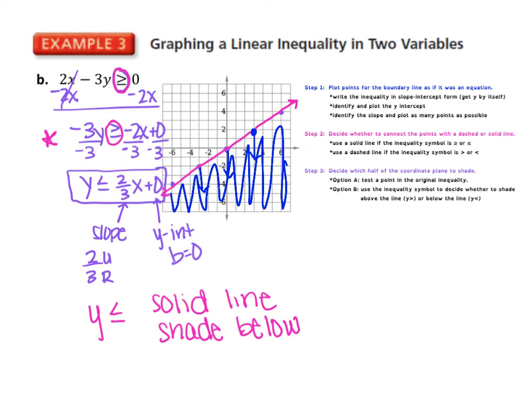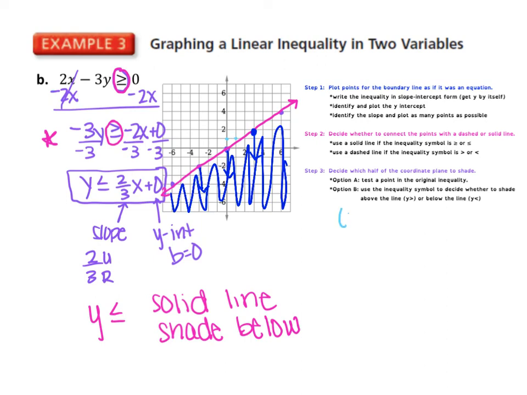Now, if I was going to test a point this time, it wouldn't work to test 0. I'd have to pick another point that's not on my line. How about the point, well, I'm not sure. I maybe want to try that point at 0, 1, but maybe I might accidentally use 1, 0, so maybe I shouldn't use that. How about 1, 1?